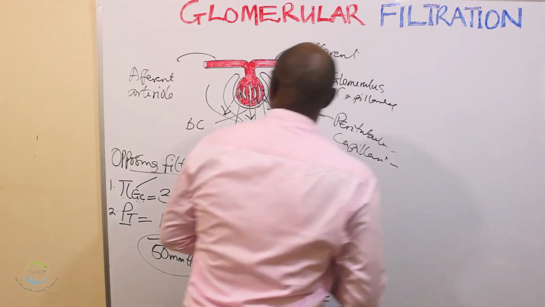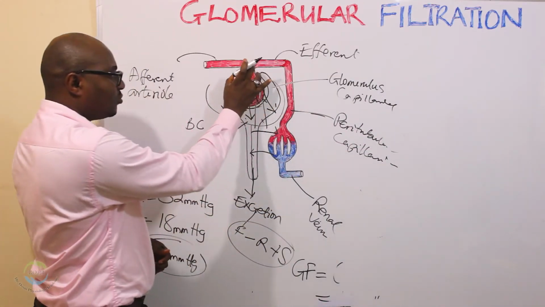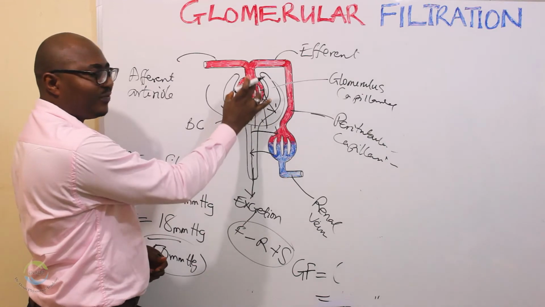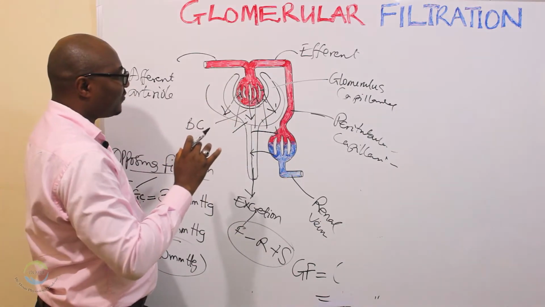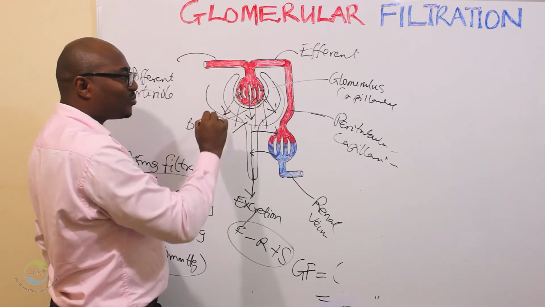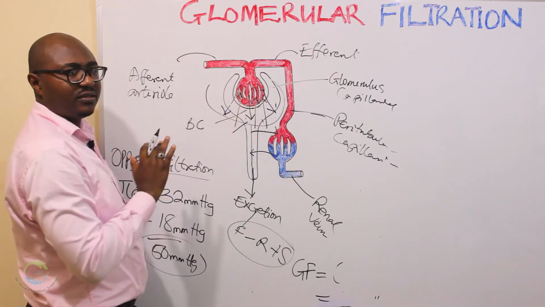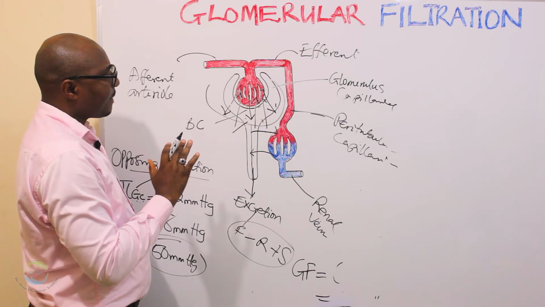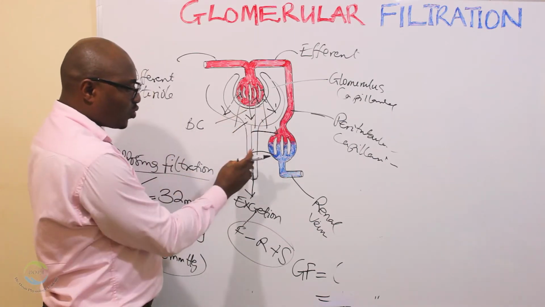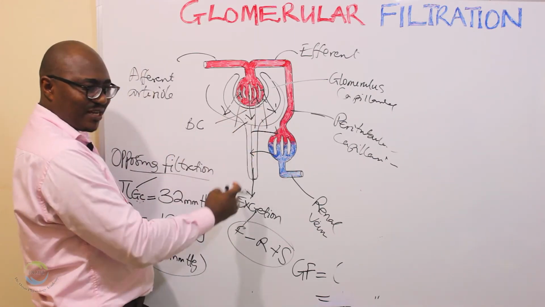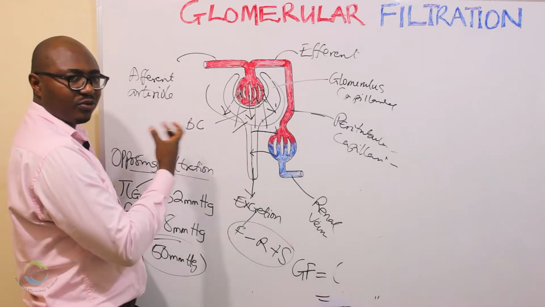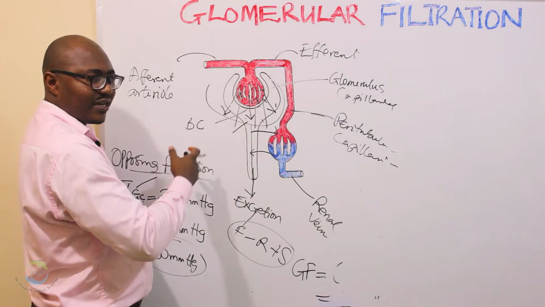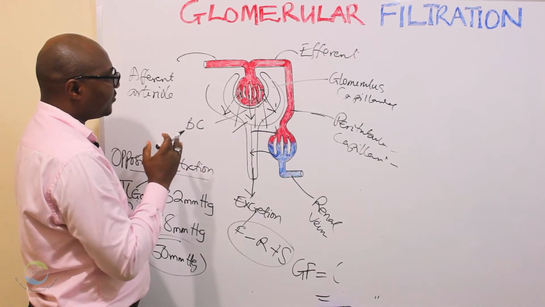Now, we are dealing with only filtration. Just a recap: in renal plasma flow, we said that the substance should be freely filtered, because we'll be measuring the concentration in the urine produced by the kidneys and the flow rate of the urine.